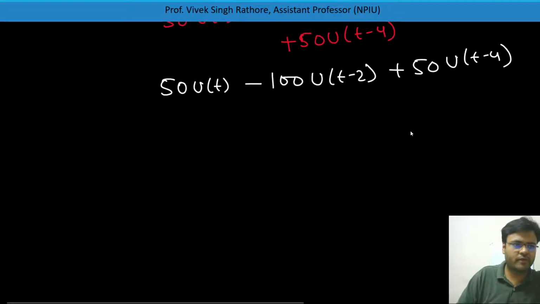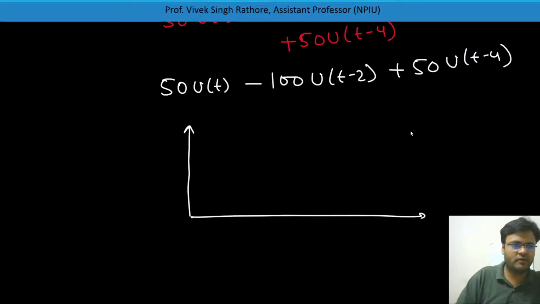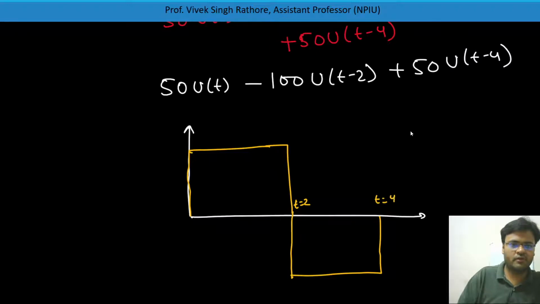So it will go like 50 u(t), minus 100 u(t minus 2), and then 50 u(t minus 4), at t equal to 2 and t equal to 4, you'll get here.